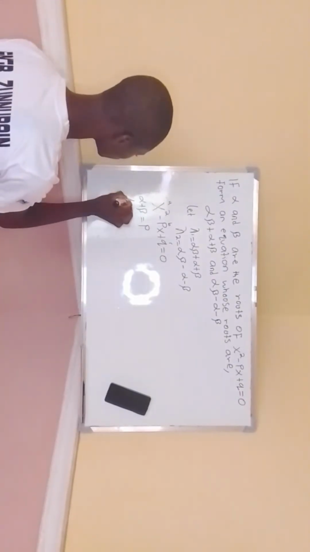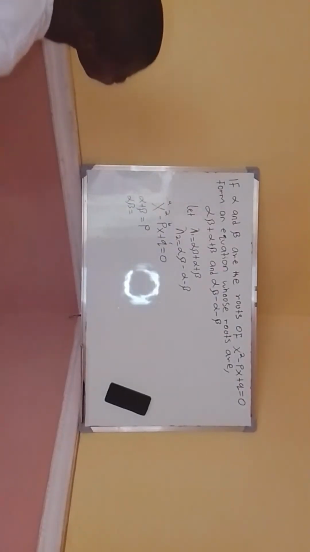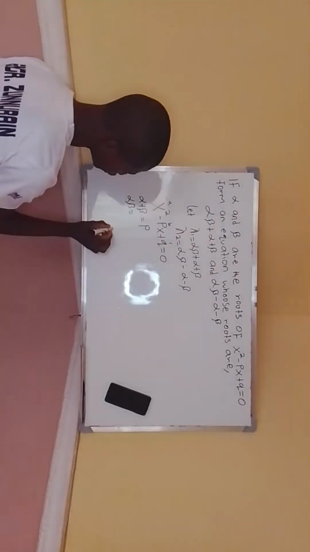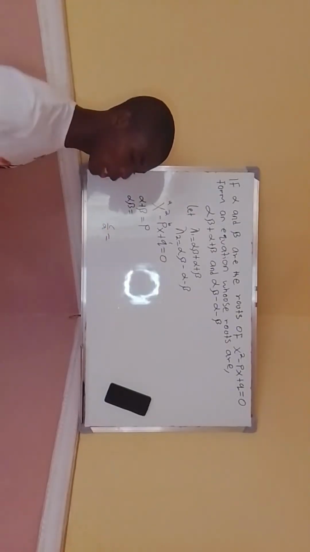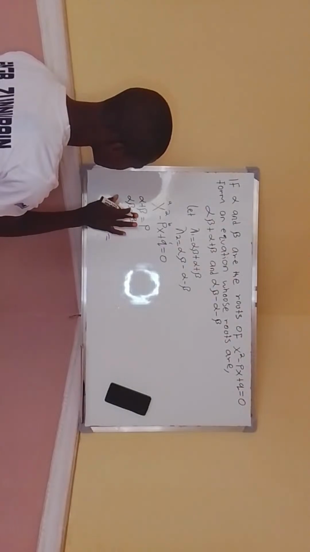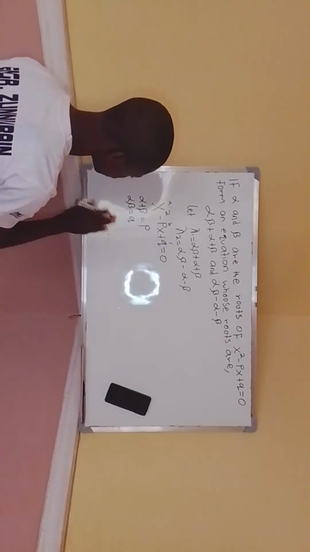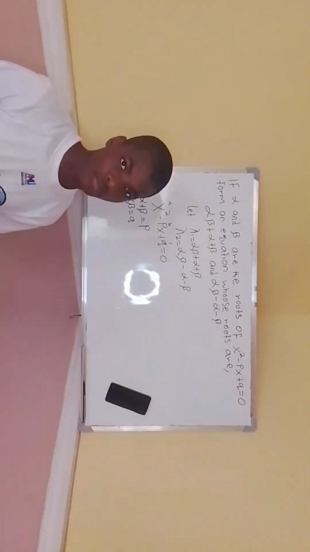The product of the roots, alpha beta, is c over a. The value of c is q and the value of a is 1, so it is equal to q.